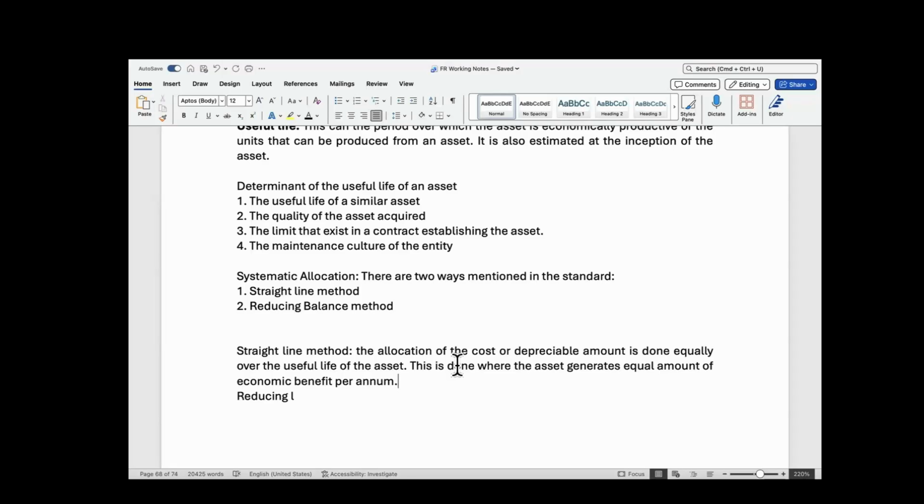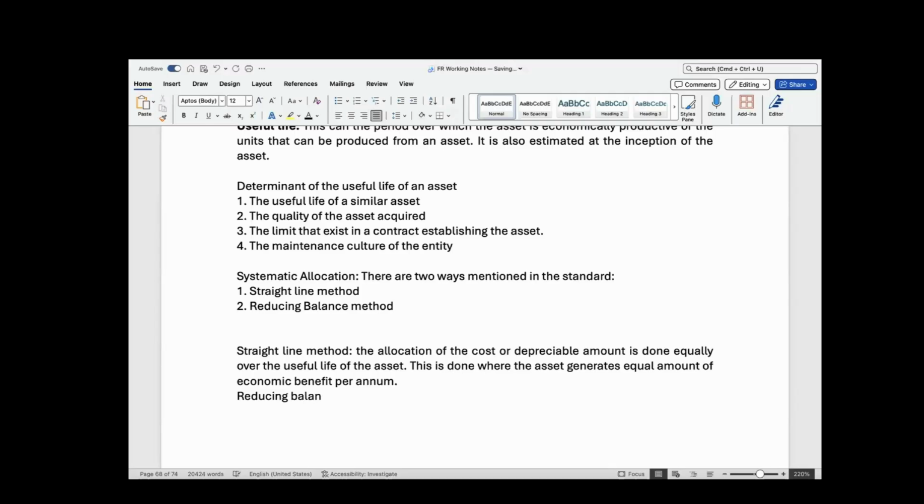Then if you are looking for how to do that, then it should be based on usage. So if an item or an asset generates equal amount of economic benefit every year, then you should allocate that cost equally. Okay? So it's flowing with the pattern of economic benefits.